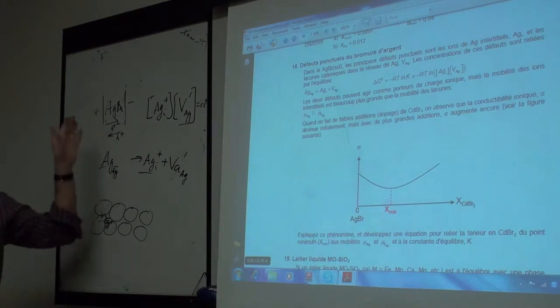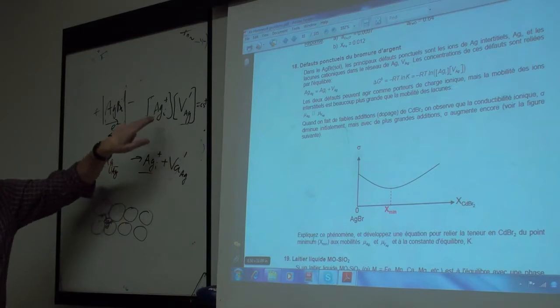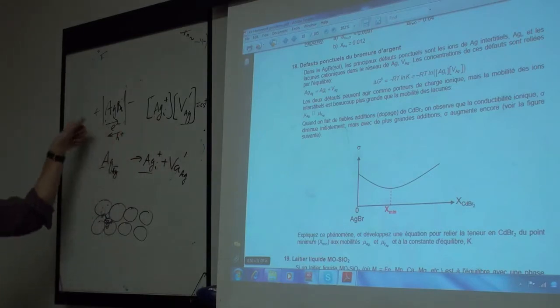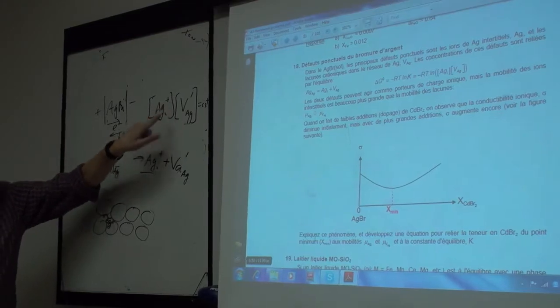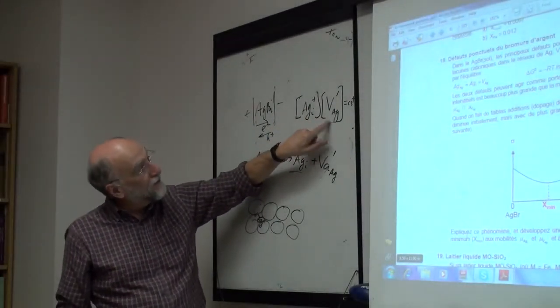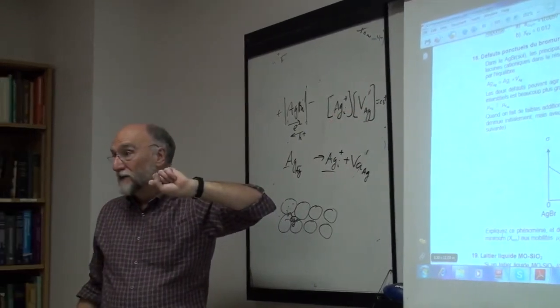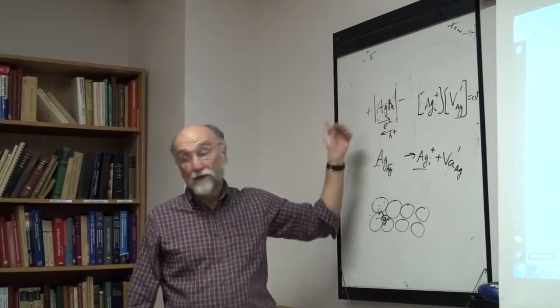It's a conductor. The conductivity depends upon the product. There's conductivity by silver ions, there's conductivity by vacancies. The interstitial silver has a net positive charge, these vacancies have a net negative charge.